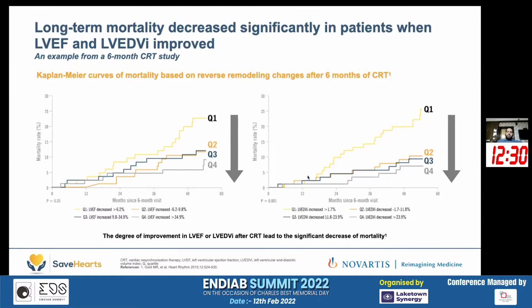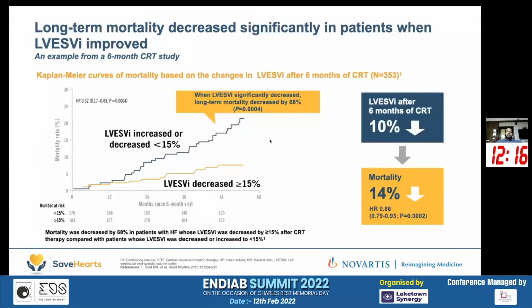So when you look at patients over a period of time, as compared to patients with a degree of improvement in the ejection fraction, here, as the ejection fraction improved, you see that there is a reduction in the mortality over a period of time. And the same study showed that as you reduce the left ventricular end systolic volume, so as your ejection fraction improves, the systolic volume would reduce, the more blood is getting pumped out from the left ventricle.